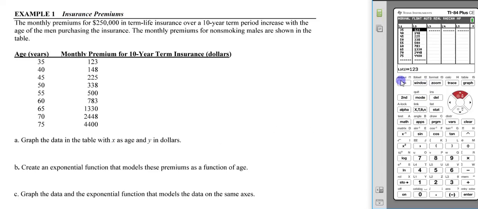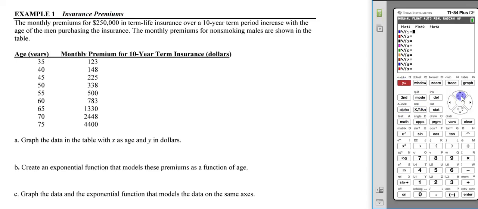We can go to y equals and turn the plot on this way, or you can go second y equals and turn the plot on or off in that menu. Now that the plot is on, we can do a zoom stat, and you see the data points graphed for you.